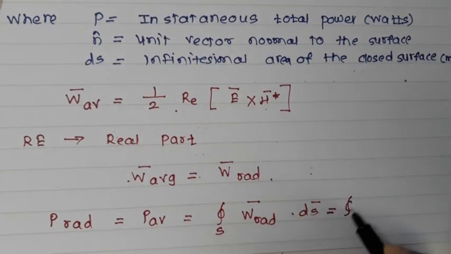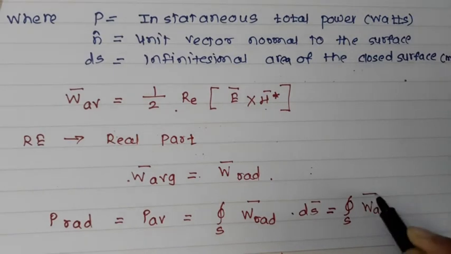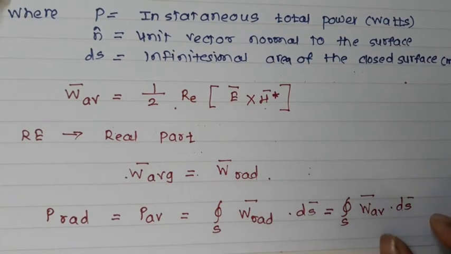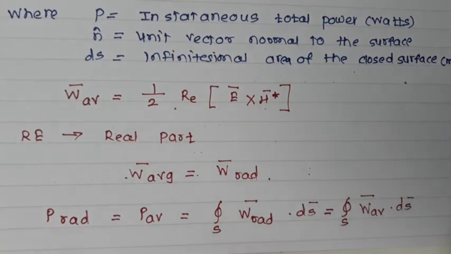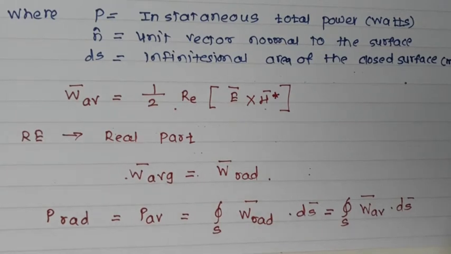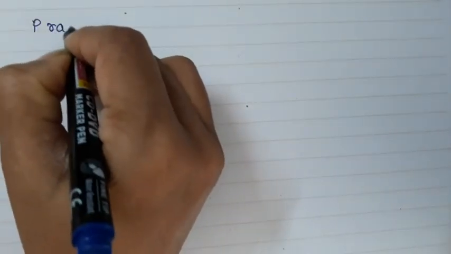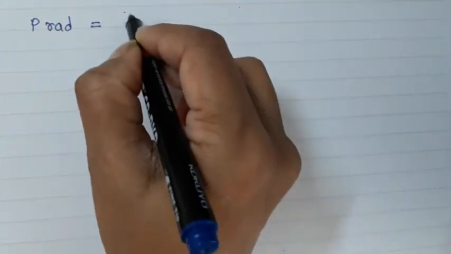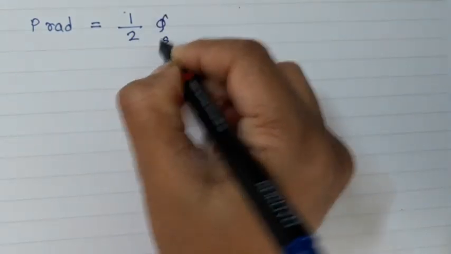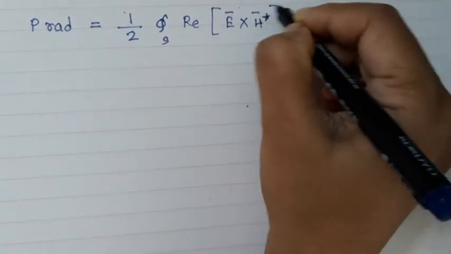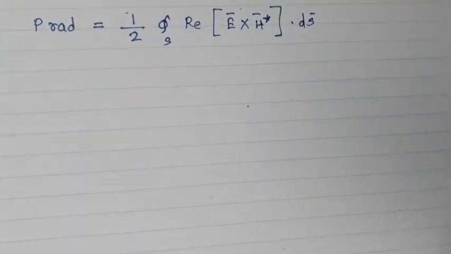Further solving this equation, I am just rearranging and writing the equation once again. P radiated is equal to 1/2 over the closed surface, the real part of E cross H complex conjugate over the incremental surface area.